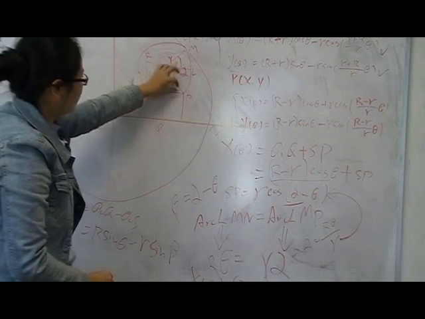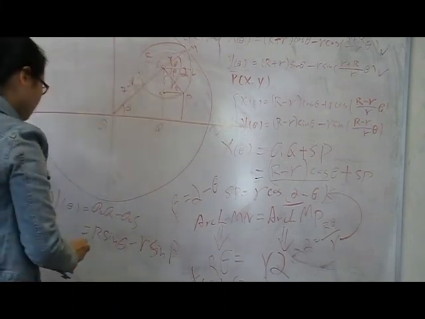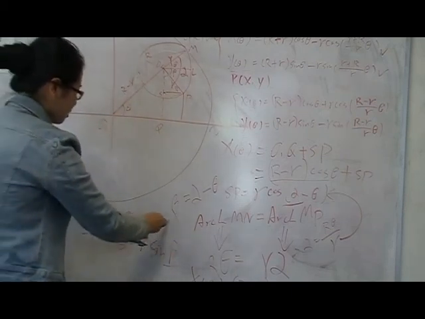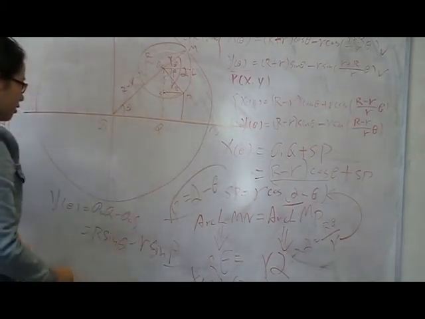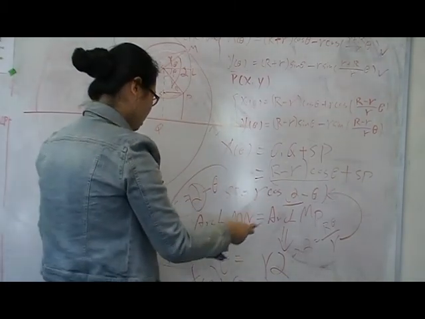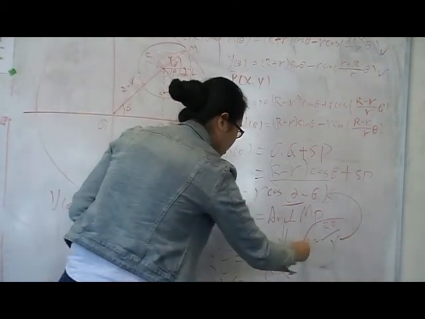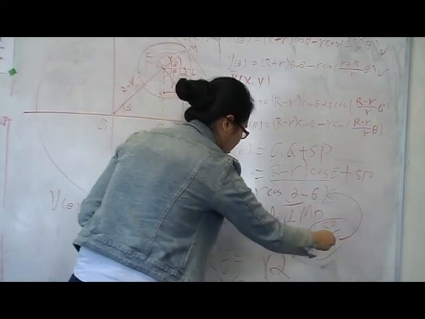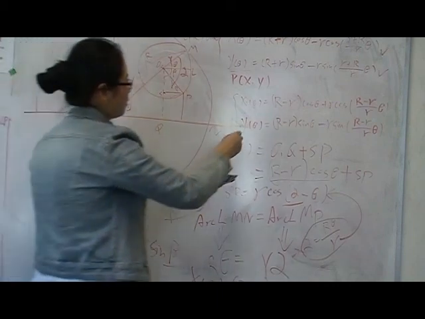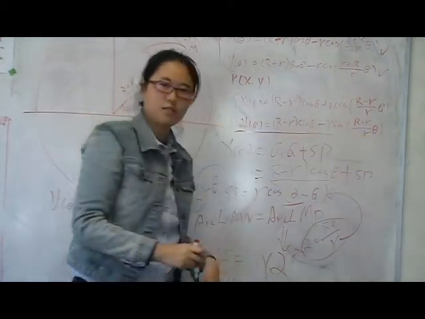Beta is the angle here. And we already got beta is alpha minus theta, and we already got alpha is big R times theta over small r. We plug back in. Anyway, we got the equation here.